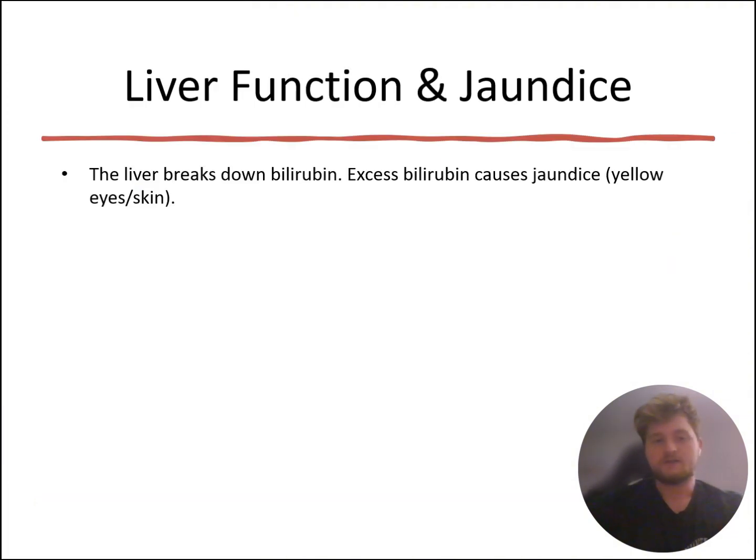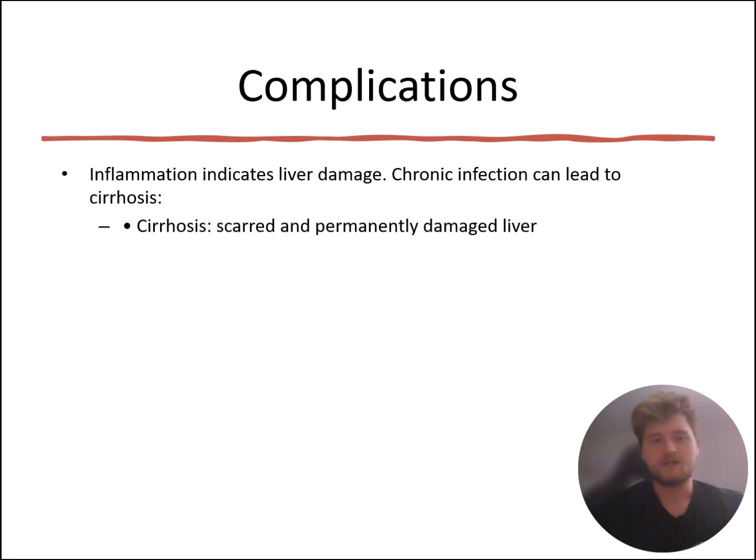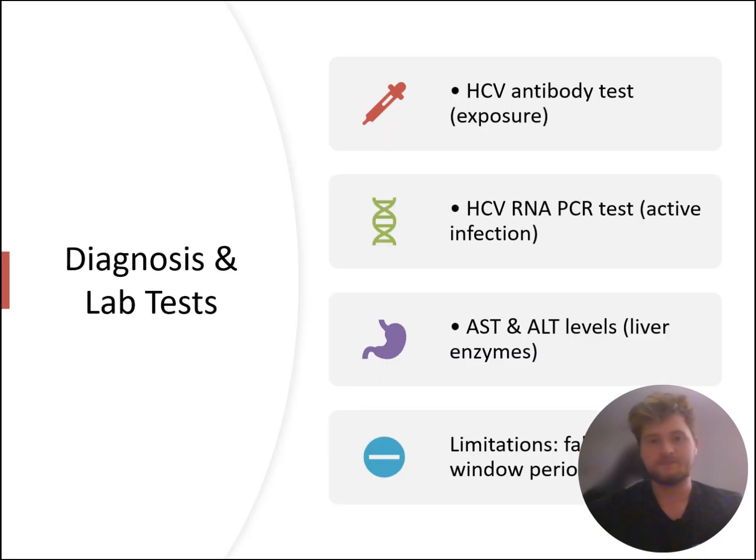Liver function and jaundice: the liver breaks down bilirubin, and excess bilirubin causes jaundice, or yellowing of the eyes and skin. Some complications of the hepatitis C virus include inflammation, which indicates liver damage. Another is that chronic infection can lead to cirrhosis, which is a scarred and permanently damaged liver.